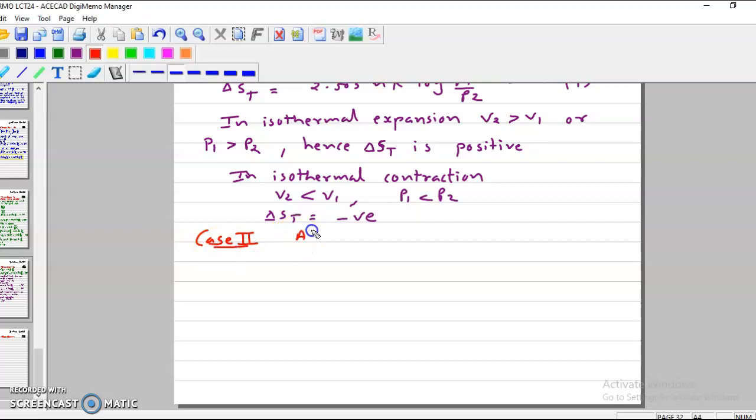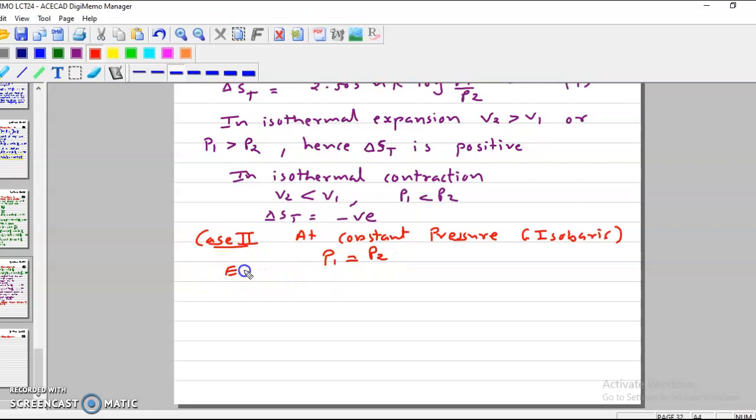Okay. Next case, case number 2: at constant pressure. So when we take constant pressure, that is called an isobaric process. Here we know that P1 is equal to P2.